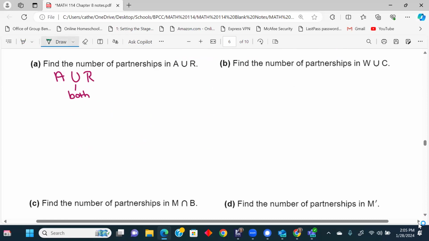All right, so column A is 229,842 plus R, which goes across, which is 168. Actually, let me put this going down just for the sake of space. We're going to add A and R, but we need to subtract out where they overlap, at 87,654.